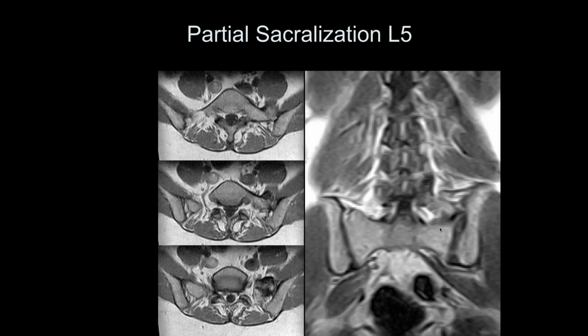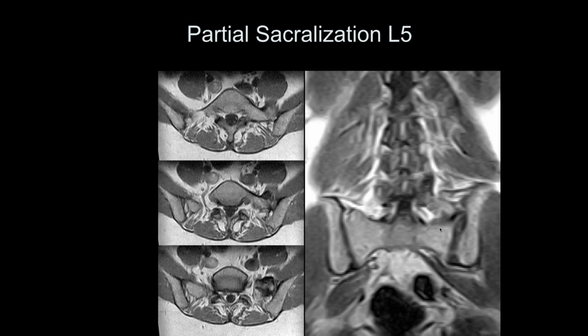Often, so I think it's important, as we talked about before, to look carefully at the L5-S1 level because there are a lot of congenital anomalies there. Where you have partial sacralization on one side and not the other, it typically increases the strain on the disc one level above it.